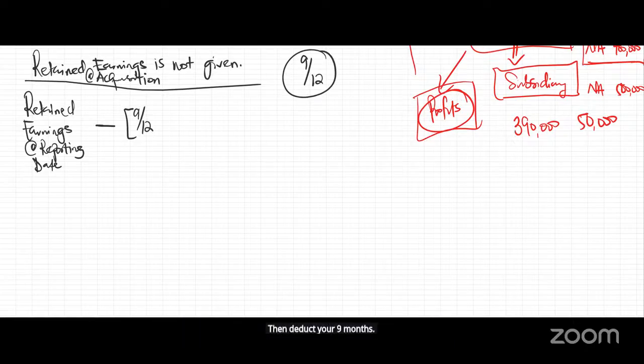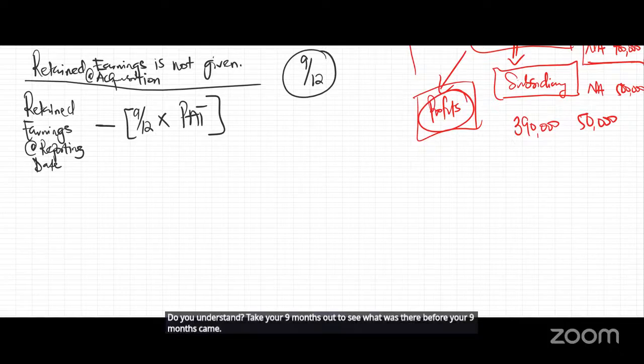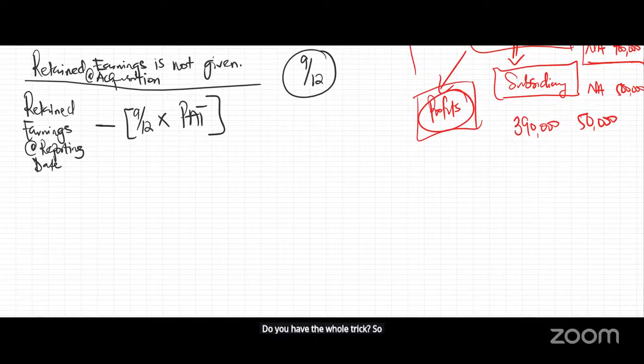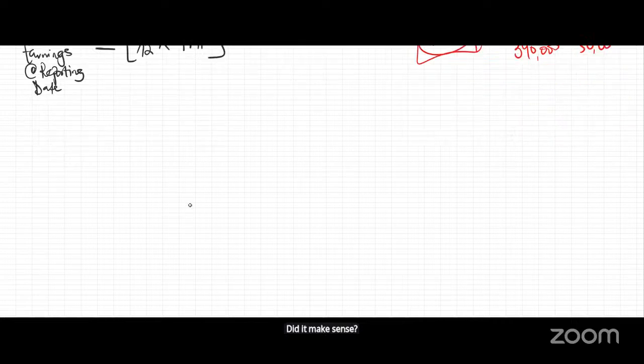Out of the 9 months, profit is your contribution. Take it out. Take your 9 months out to see what was there before your 9 months came. Do you get the whole trick? So when retained earnings is not given, this is a trick. Did it make sense? Yes, sir.